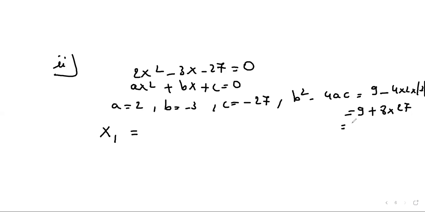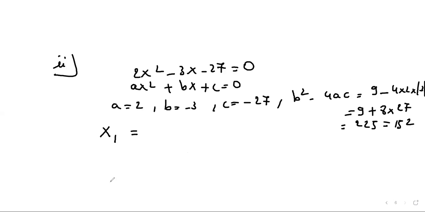So let me calculate this rapidly. Yeah, so I have 9 plus 8 times 27. So it's 225. If you take the square root of that, it's 15. So it's 15 squared, this one.